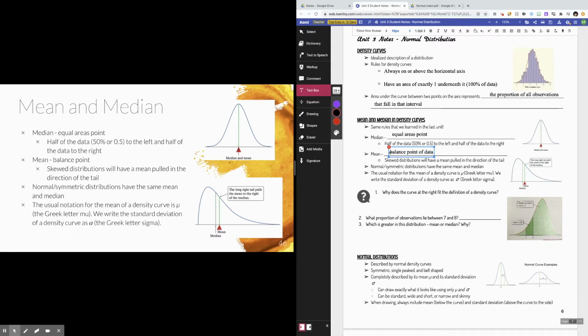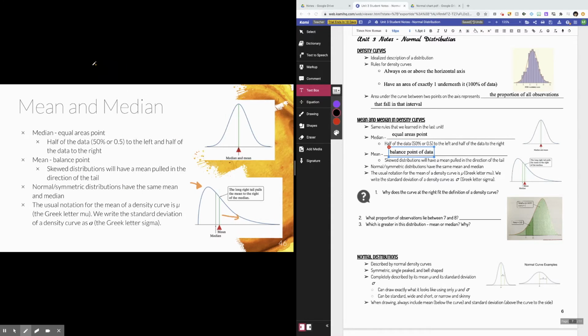Okay. And just like the last unit, skewed distributions will have a mean that is pulled towards the tail. So if you have a density curve that is skewed to the right, like this one, okay, the mean is going to be pulled towards the right, towards the tail.